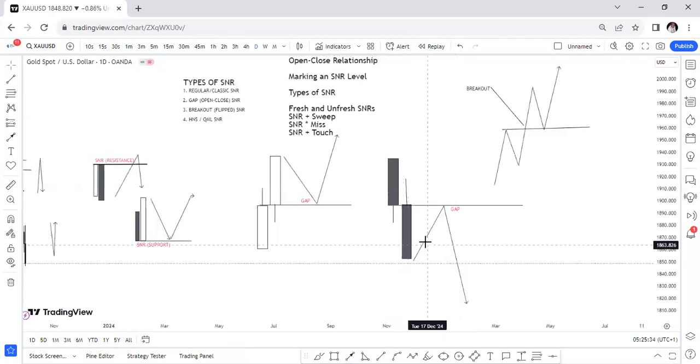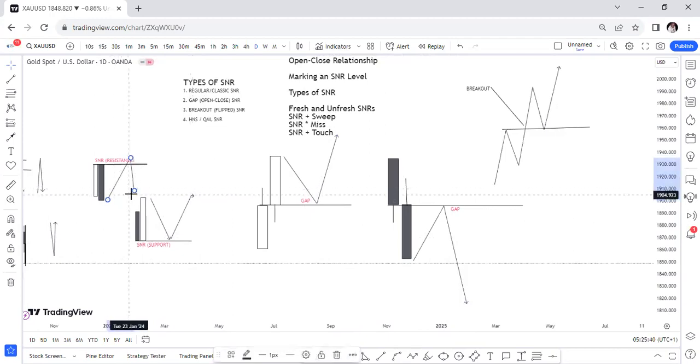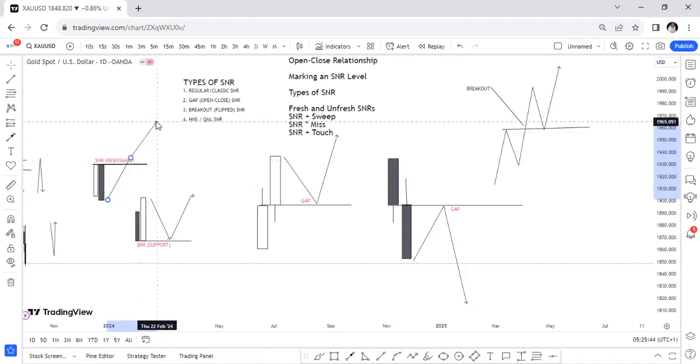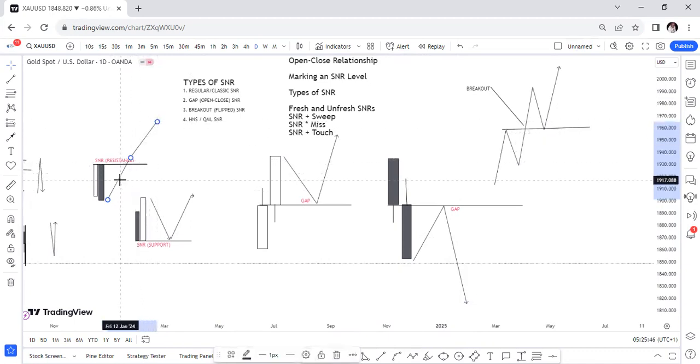You want to see if price breaks through, if this is a kind of this thing here, right? And we have a price that breaks through it, the price will retest it and move higher.